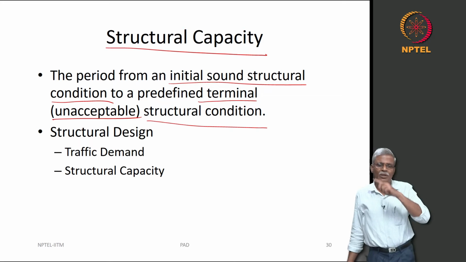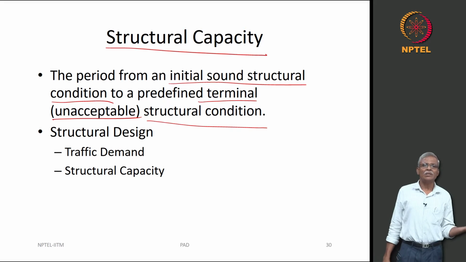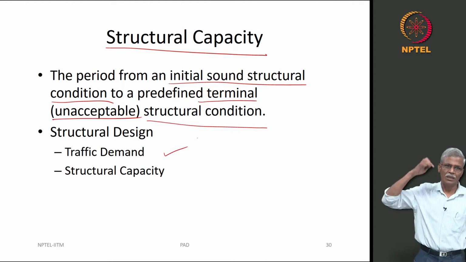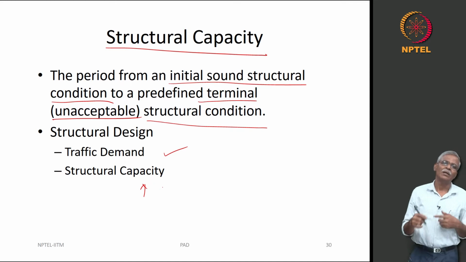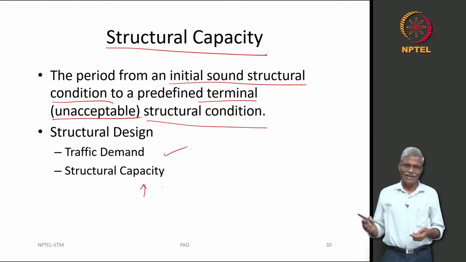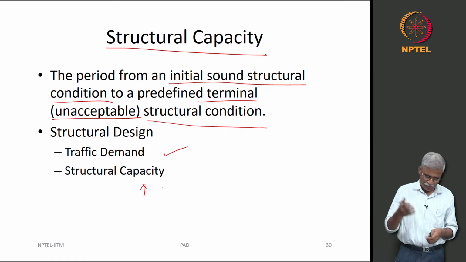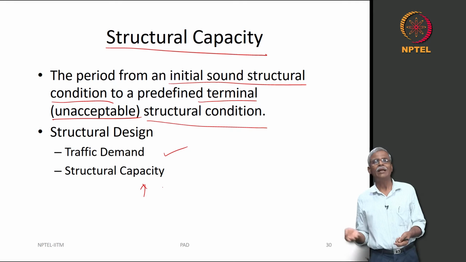The structural design basically here consists of 2 things. One is the traffic demand, which comes from the other side, another is the structural capacity. And in fact, in the old AASHTO, you can actually see AASHTO 1993 that was discussed by Dr. Nivita, you would have seen the difference between WTX and WT18.